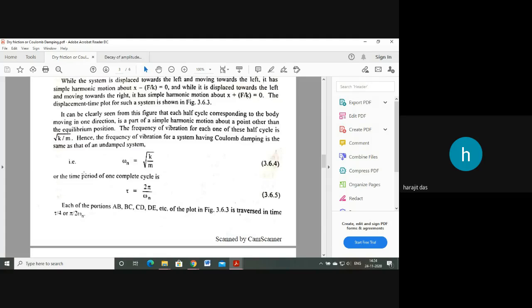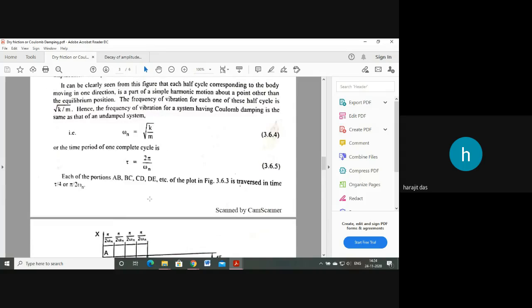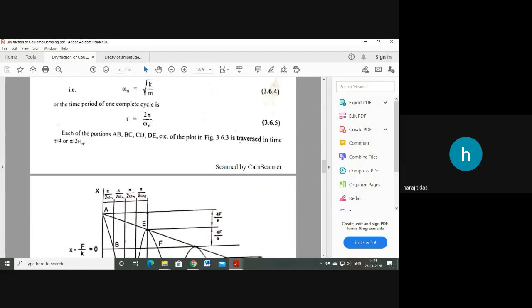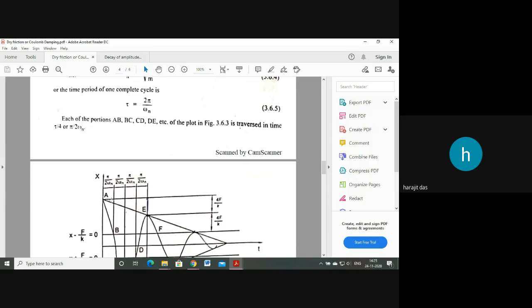So we can find out the time period to complete one cycle. It will be 2 pi upon omega n, isn't it? This is one complete cycle from a to e, so the time period is 2 pi upon omega n. Each of these quarter cycles can be divided into 4 equal parts, so each part will be equal to pi by 2 omega n.